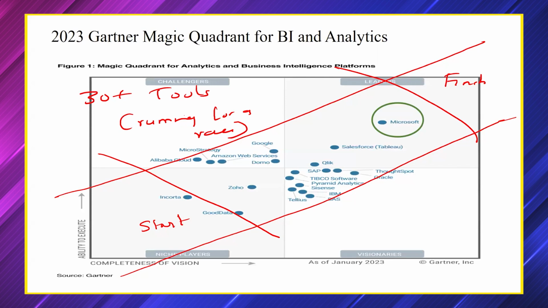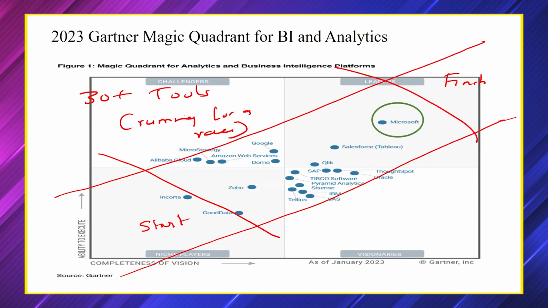Tableau and Microsoft, these tools belong to the visionaries. These are not the niche players, these are the visionaries. So people are thinking more about this and trying to utilize it more in their business. This is my perspective.